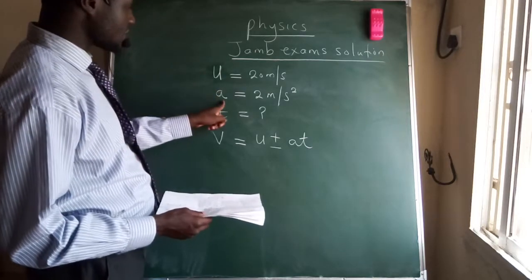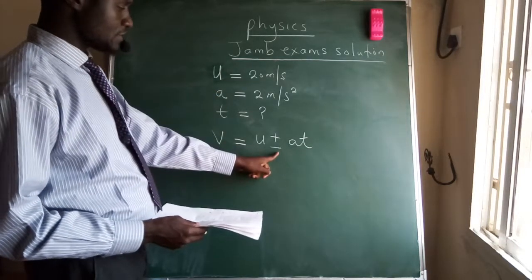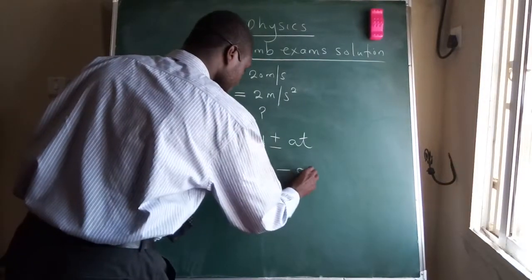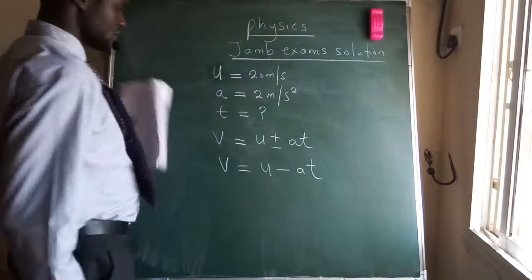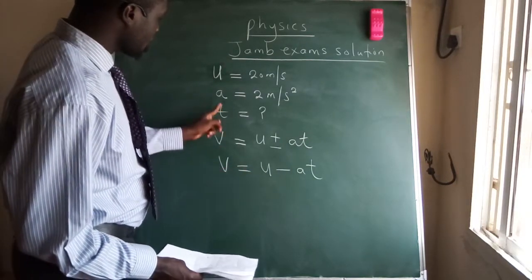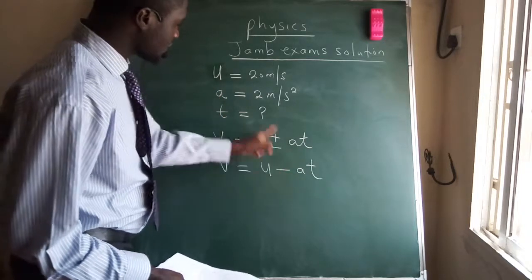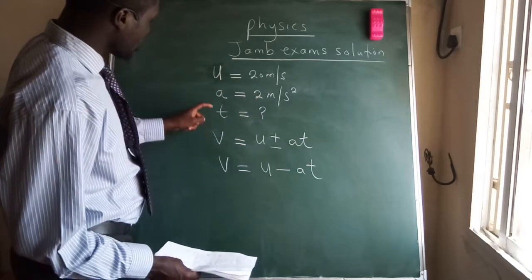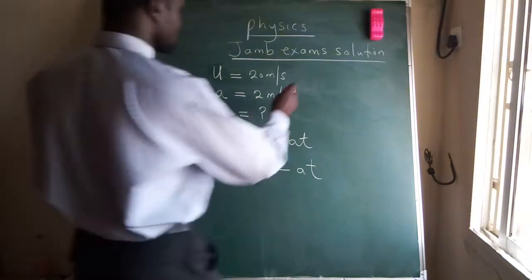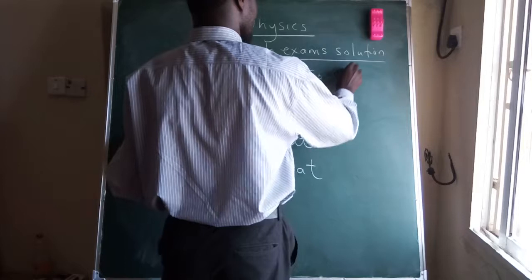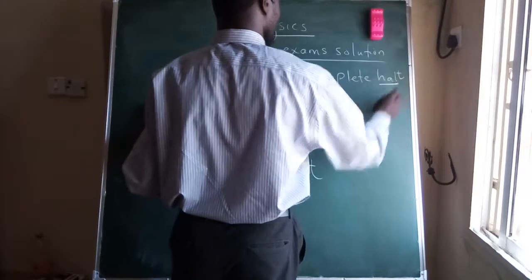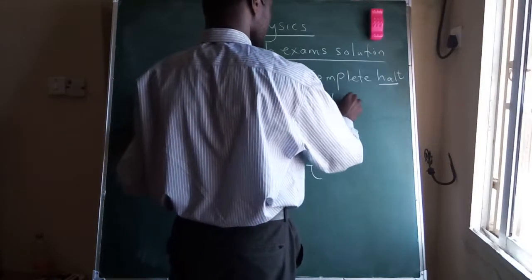So from this question, the a here is deceleration, so we take the minus, meaning we are going to use v is equal to u minus at. So our u is 20, our deceleration is 2, and our final velocity, since they say to a complete halt, meaning to a complete stop, so the final velocity is 0.